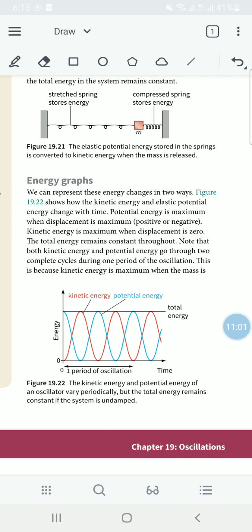During a single oscillation, kinetic energy and potential energy go through two complete cycles.